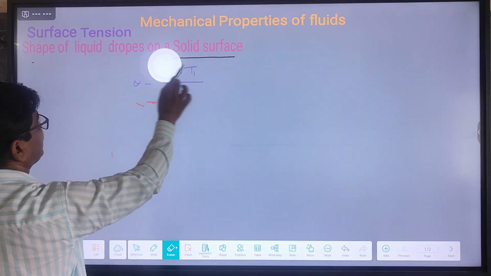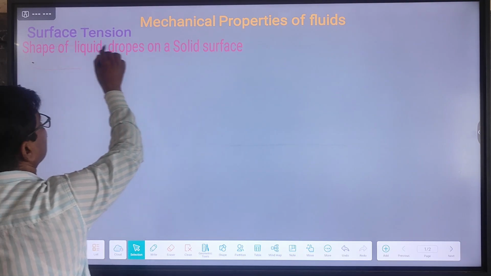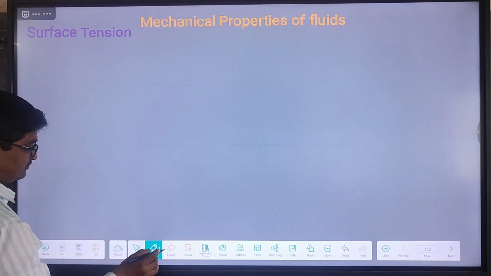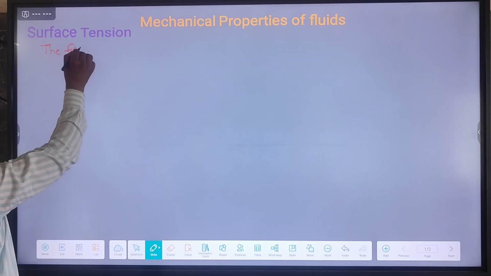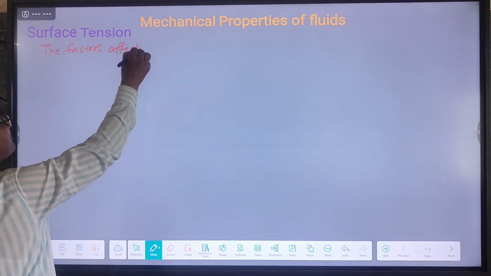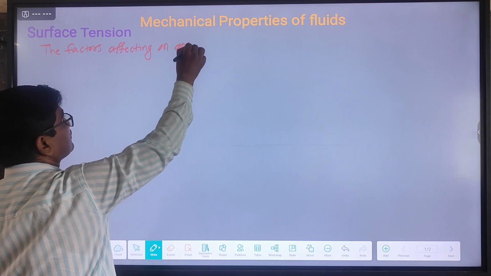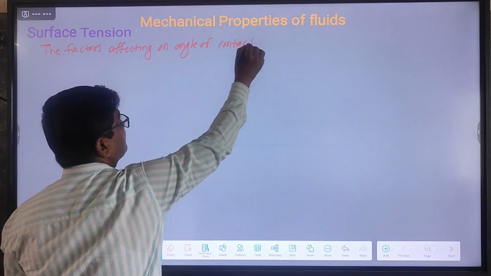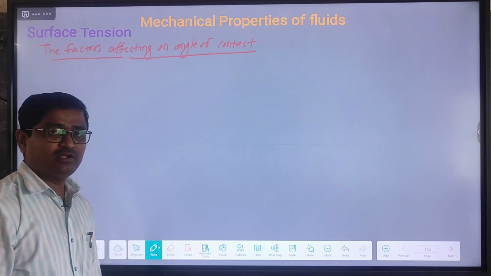The factors affecting the angle of contact. Which factors produce an effect on the angle of contact?